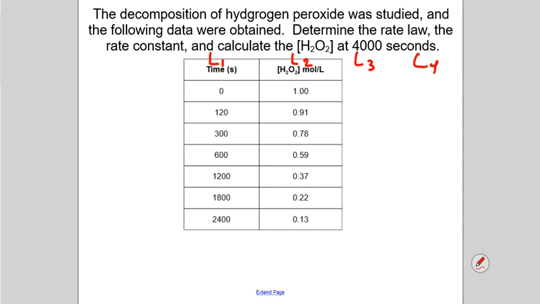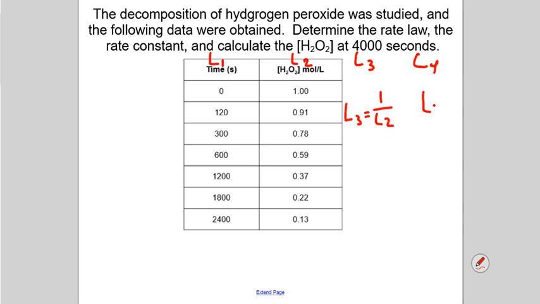When you're working, you can go up to the top where it says list 3 and tell the calculator that list 3 is equal to 1 over list 2. That gives you your second order graph line.